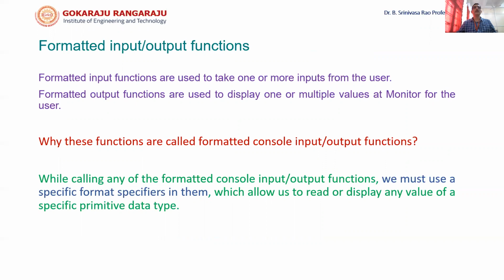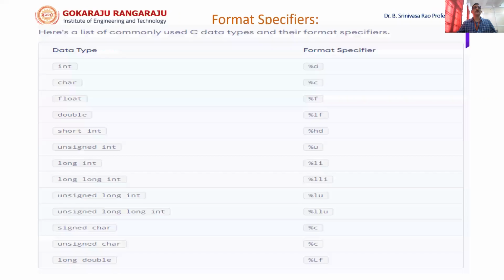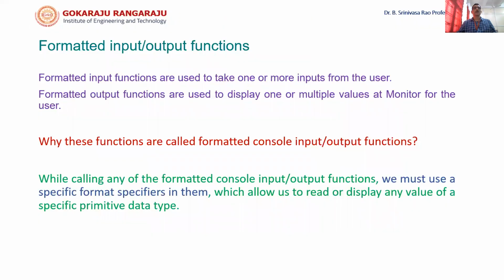Now, what do we mean by formatted input-output functions? While calling any of the formatted console input-output functions, we must use specific format specifiers in them, which allow us to read or display any value of the specific primitive data type.